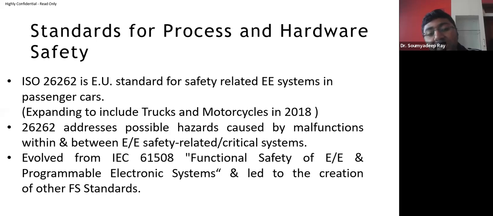Since 2018 it has been expanding to trucks and motorcycles, and it addresses the possible hazards caused by malfunction within and between safety related critical electrical systems. I'll give an example like Ola. Whatever happens in Ola might happen anywhere. For that, there is 26262.